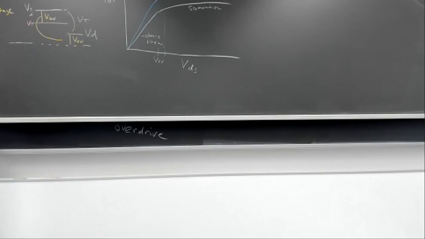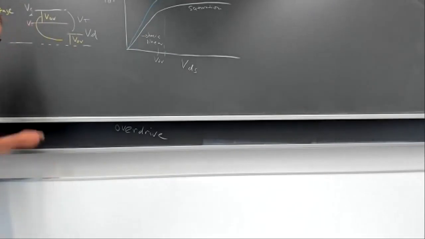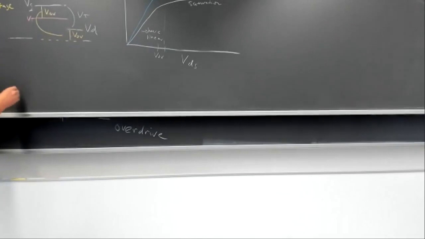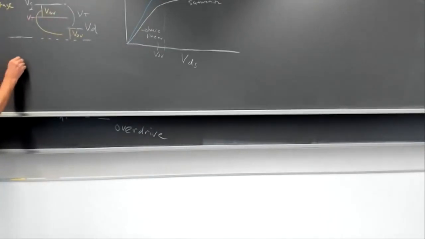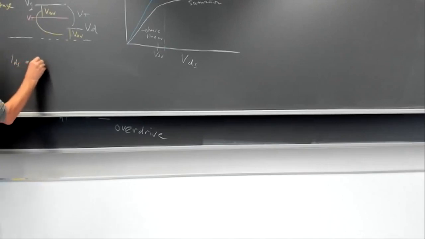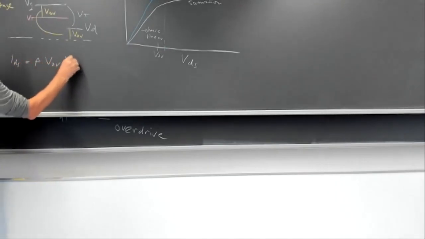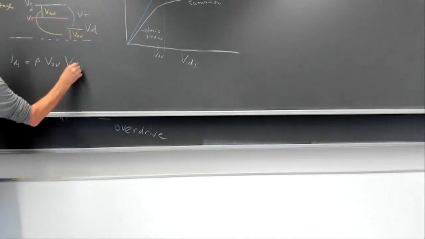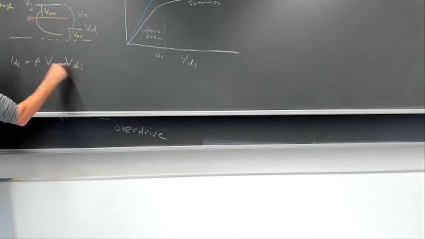Okay, but now we can just take the ohmic current and replace it with this drain source voltage. So if I take the ohmic current IDS, beta times V overdrive times VDS, and swap in the fact that this current will saturate when VDS is bigger than the overdrive.